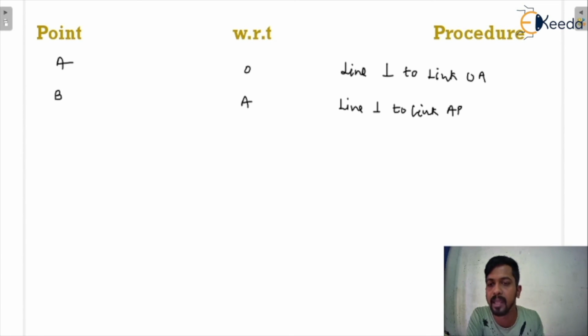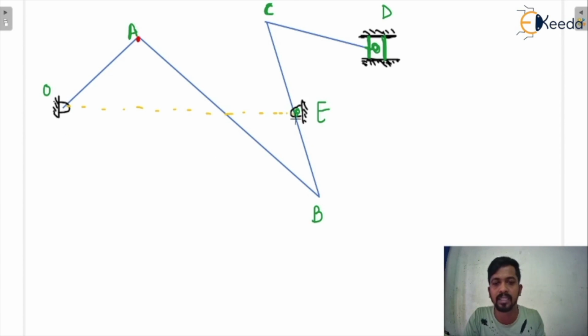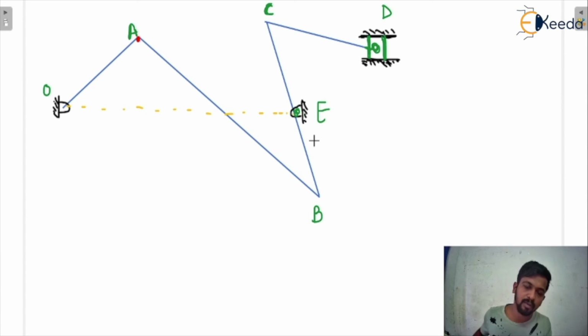Next, if you want to draw the velocity at point B with respect to E, that would be perpendicular to the line BE, or you can say perpendicular to the link BE.